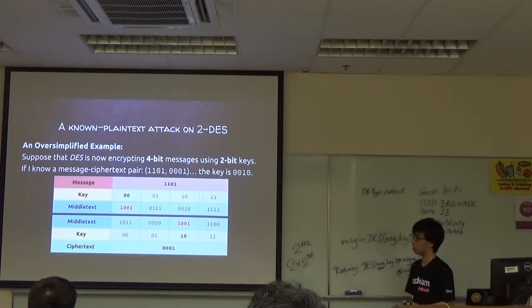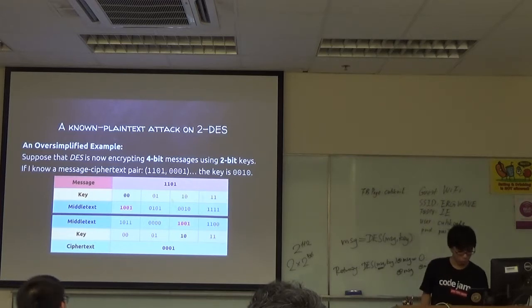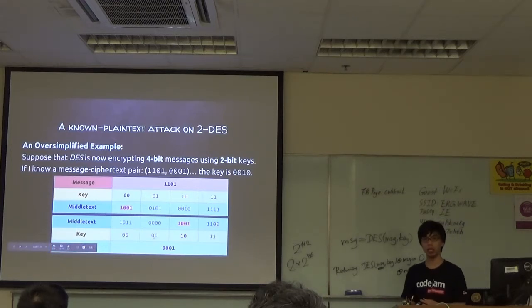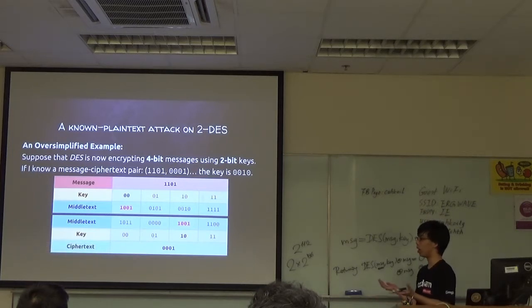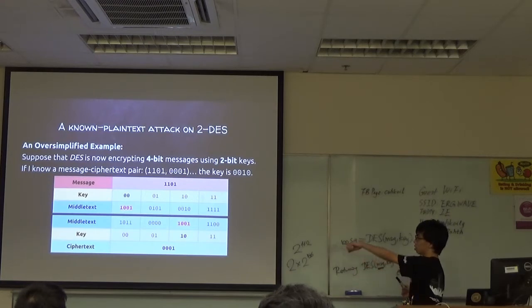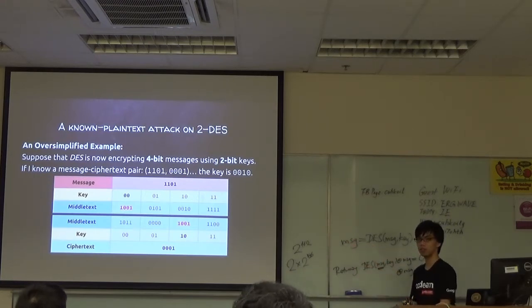But if there are two, like if we encrypt 1101 into 4 zeros, then 1001 is also a possible key. In this case, we can always encrypt another block and see if it gives the same ciphertext.